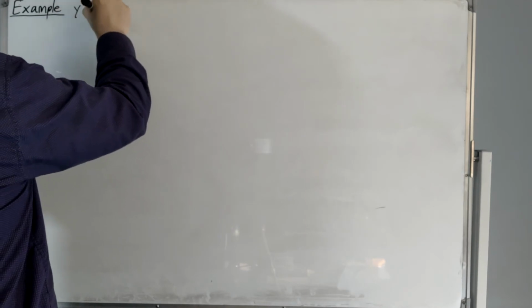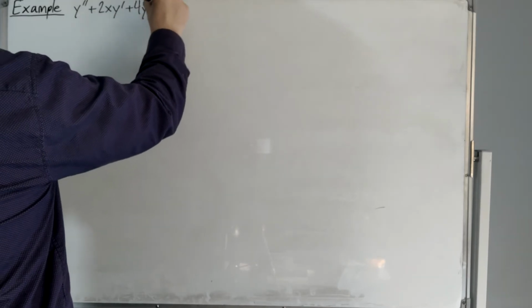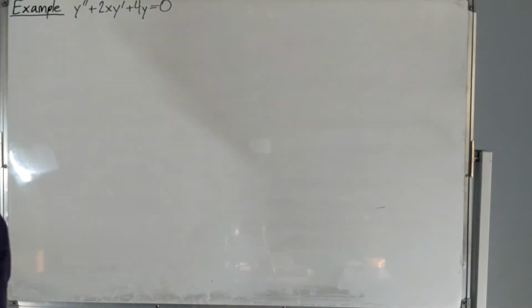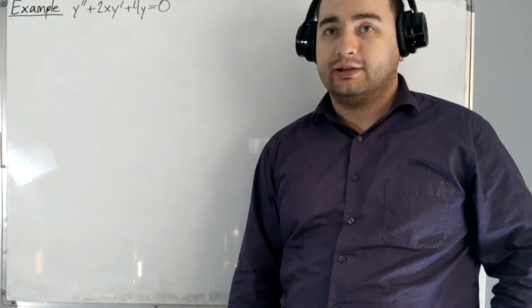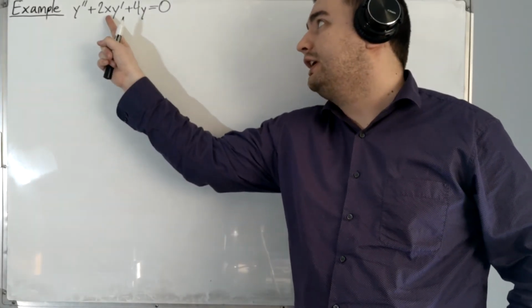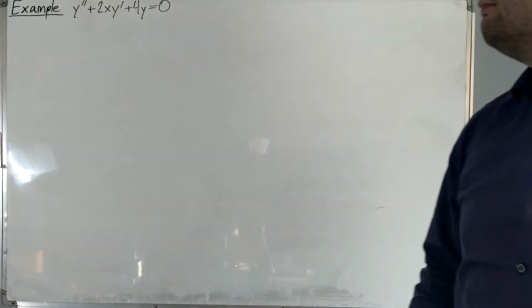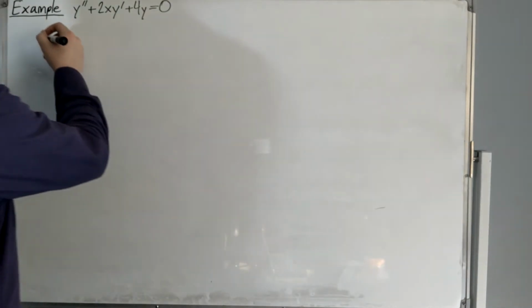So, y prime prime plus 2xy prime plus 4y equals 0. Once again, you couldn't do this by any of the methods that we saw before today, because this coefficient right here is not constant. So we'll do it by power series methods.